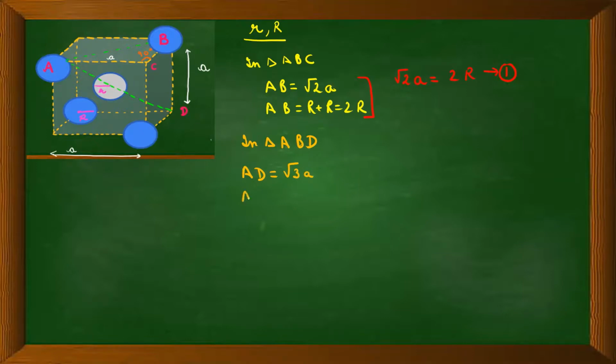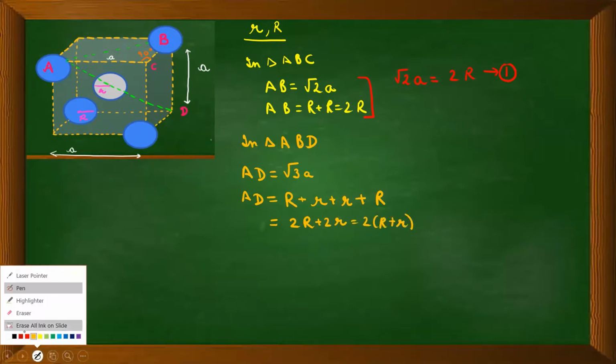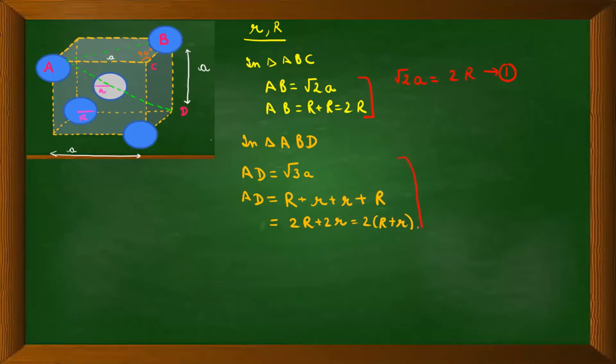And from this figure itself, फिगर से हमें पता चल रहा है कि AD किसके इक्वल है, capital R which is radius of this A and the diameter of this void which is 2r and the radius of particle at position D which is this. and इसको जब हमने सॉल्व करके लिखा, it is equal to 2 times capital R plus 2 times small r, and this is equal to 2 times, 2 को कॉमन ले लिया. Now अगेन जब हमने इन दोनों इक्वेशंस को इक्वेट किया तो हमारे पास एक और रिलेशन आया जो क्या था, √3a is equal to 2 times (R plus r).